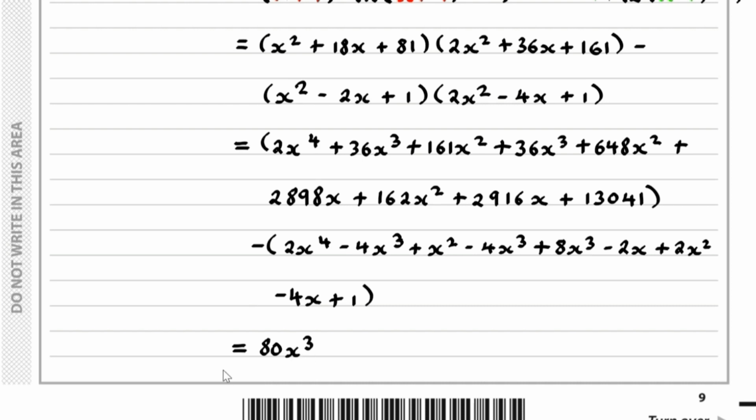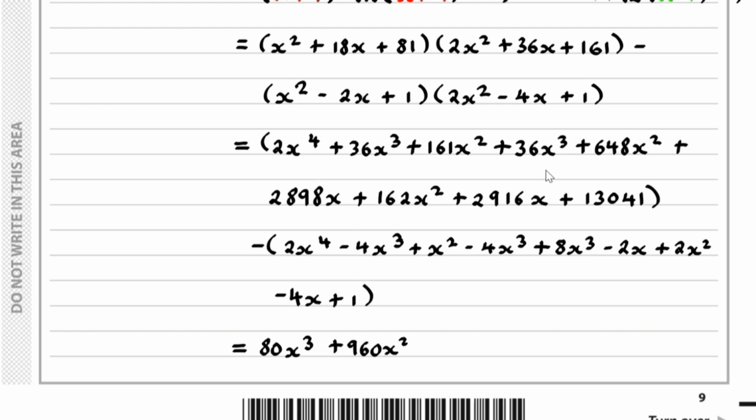In terms of the x squareds, we've got 161 plus 648 plus 162 minus 1 minus 2, so that will be 960x squared.